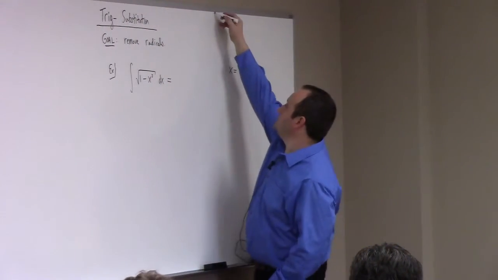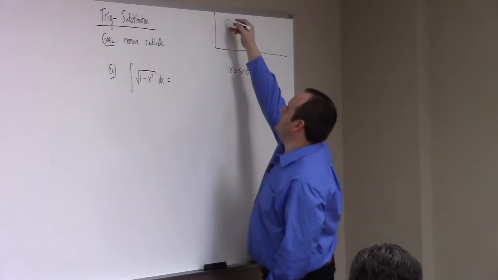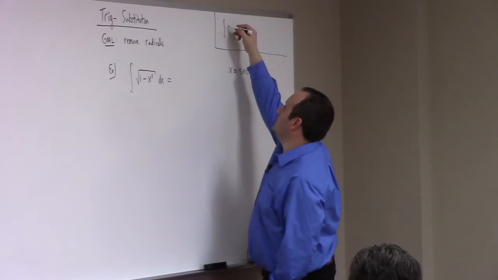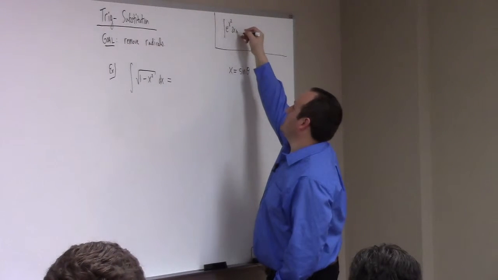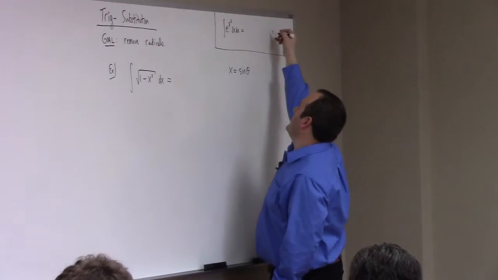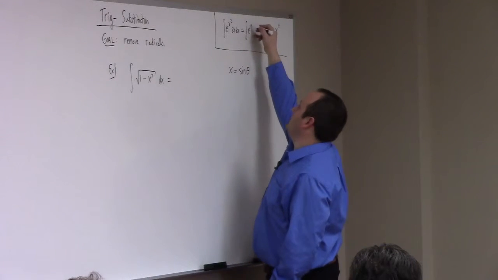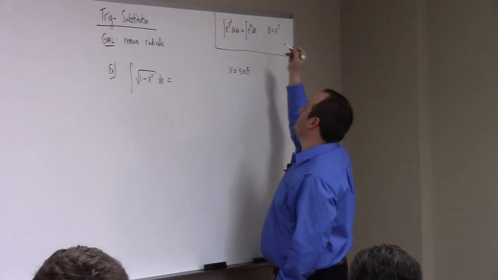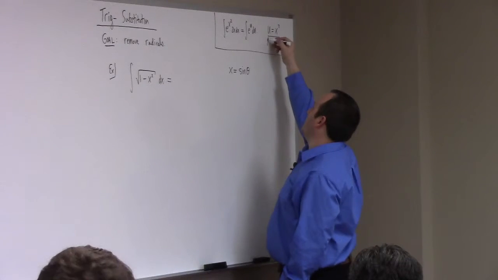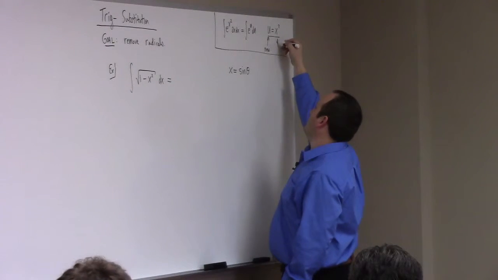Sidebar. U substitution, how did it work? Integral of e to the x squared times 2x dx. What do we do? We let u equal x squared, right? So it's like integral of e to the u du, right? So this was the old, this was the new.